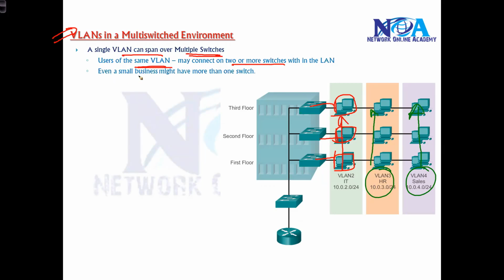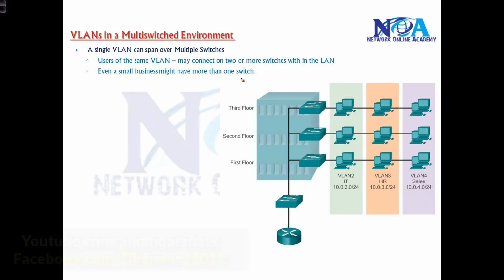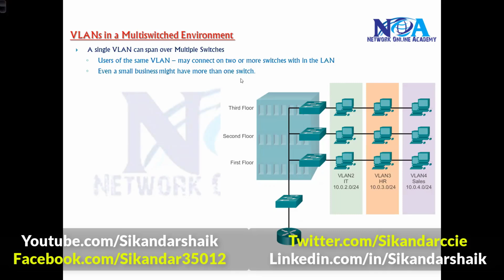Even in a very small business, you may have more than one switch because of the different floors. So in this section, we'll try to understand how VLAN communication happens when we have multiple switches involved for one VLAN's users.